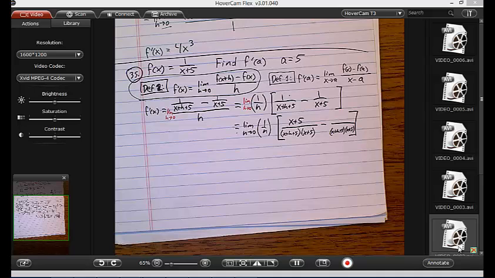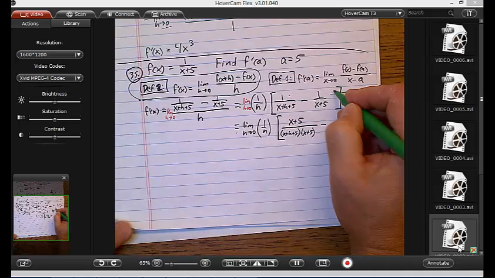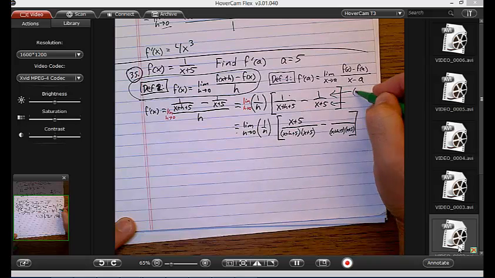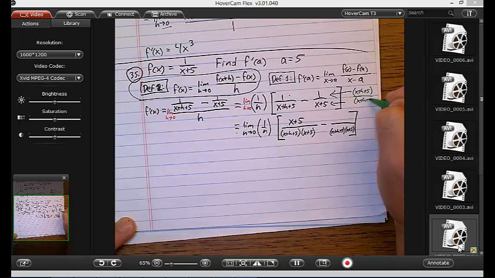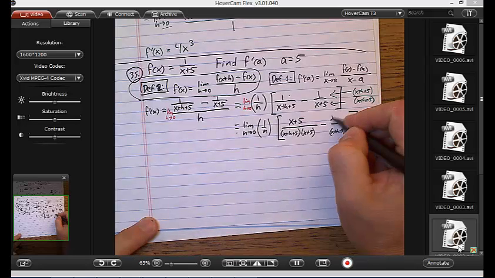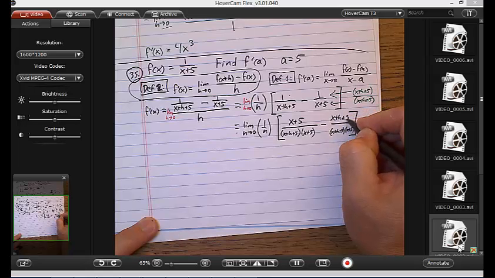What is it that I'm really doing to this second fraction? I'm multiplying top and bottom by what? x plus h plus 5 over x plus h plus 5. So you're not changing it. You're just multiplying by 1, but you are changing what it looks like. And so you get up here x plus h plus 5 as this numerator.